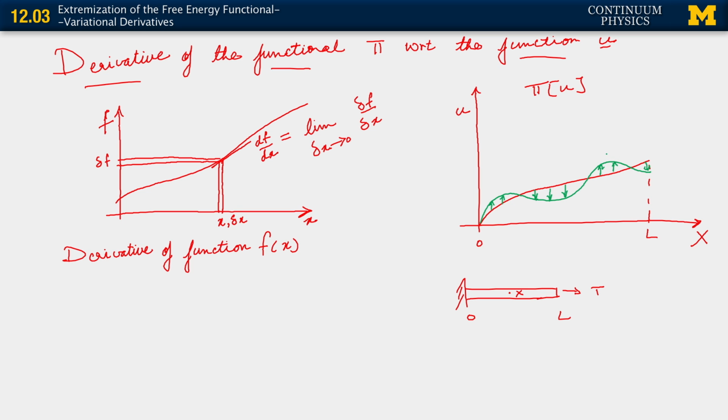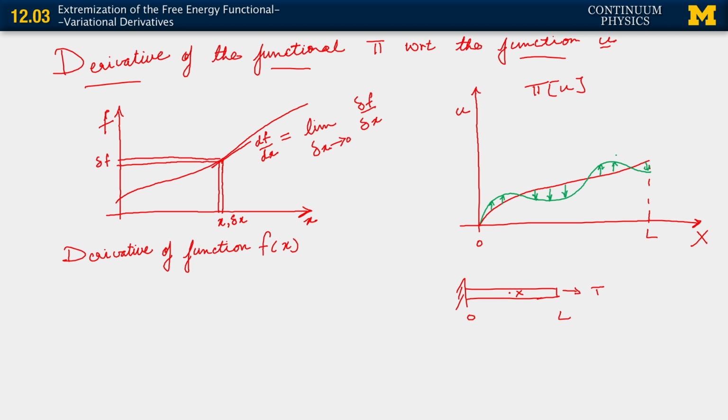I am going to say that this field that I have now is u plus some variation, okay? And I'm going to write that variation as epsilon times w, okay? Where I'm going to just rewrite that including arguments, okay?